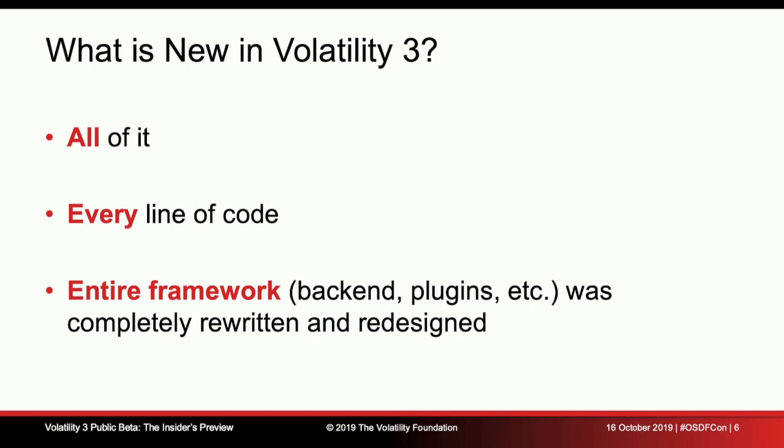So what's new in Volatility 3? Everything. The entire thing is new. The only thing that is the same is the concepts behind it. Even some of the names for the concepts have changed. Previously, you would know about address spaces. Those are now called layers, because it's not a single static list of address spaces.